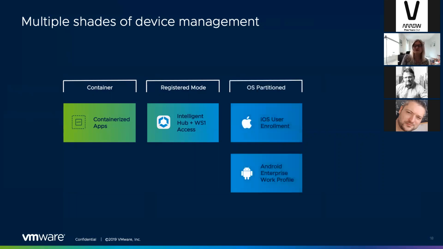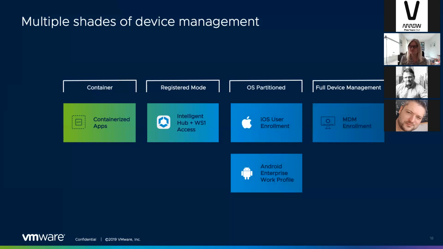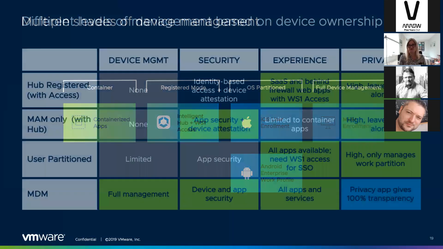Then there is the OS partitioned devices, where you can use iOS user enrollment or Android enterprise work profiles. So you kind of split the device into a personal part and a business part. And then, of course, the fully managed devices that are fully enrolled in MDM and are under full control, as you will see here.